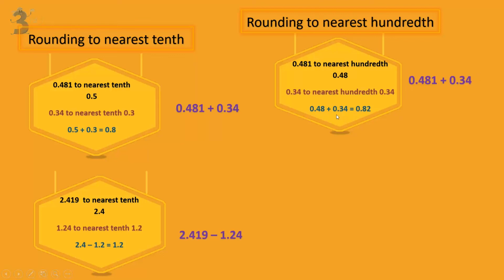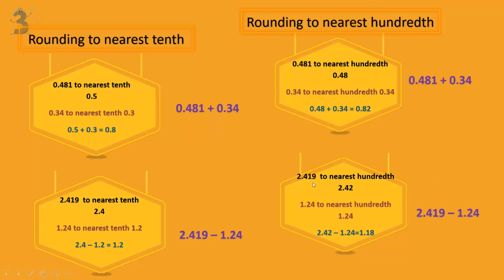So 0.48 plus 0.34 will be 0.82. Now 2.419 minus 1.24. 2.419 to nearest hundredths will be 2.42, and 1.24.